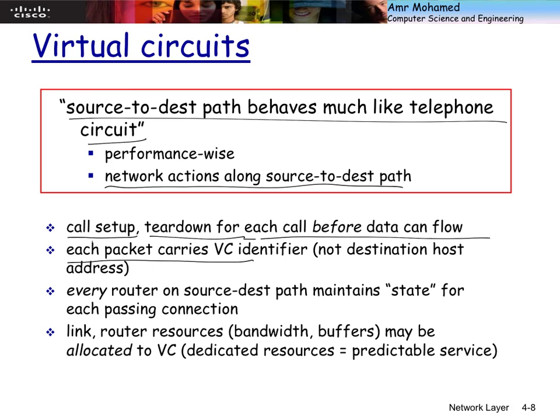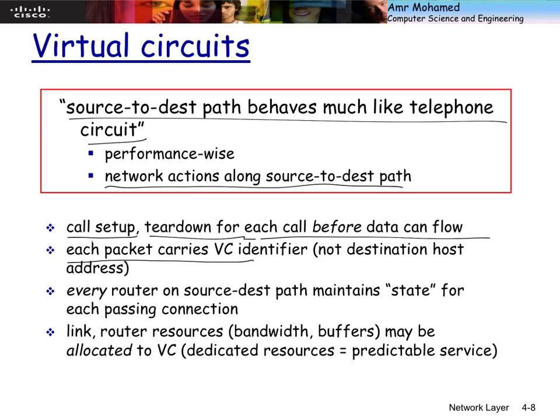Destination address is easier because it is already well known to the application. If the application wants to send using datagram, it just needs to know the destination address, which is already known. If I'm communicating with an FTP server or a web server, I know the IP address, so I can just put this in the packet and send it. I don't have to wait for anything.